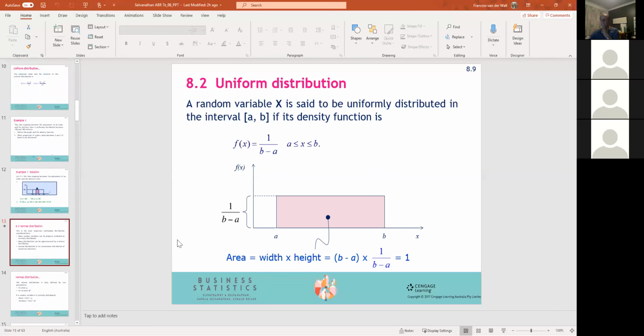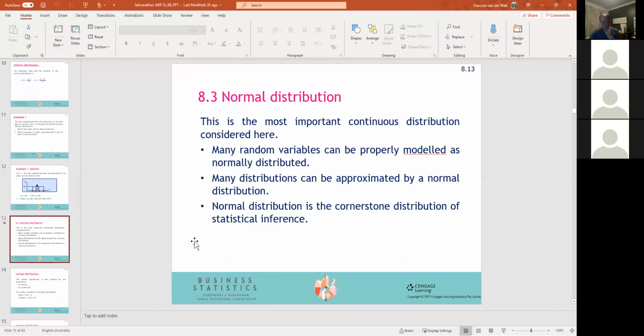Okay. Yeah. The next one we want to look at is the normal distribution. Normal distribution is something that occurs often in nature, and it's a nice distribution, and you can work nicely with it mathematically.